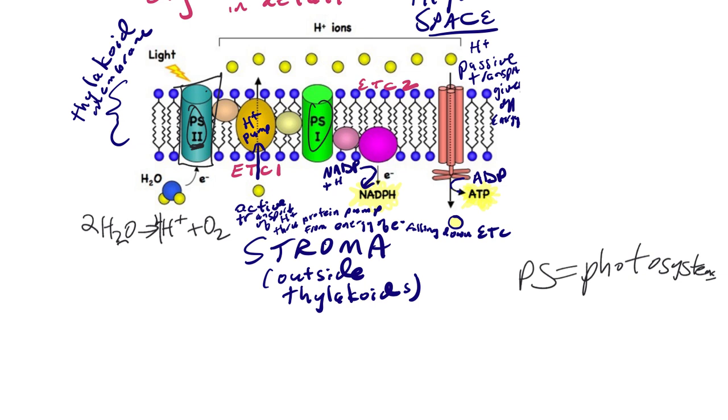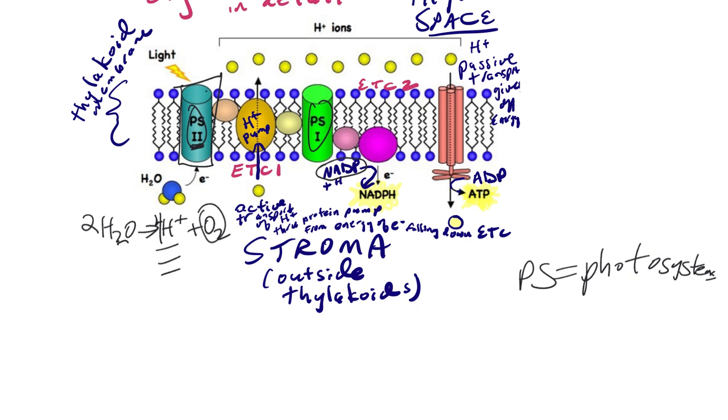The water is being split by an enzyme helping this reaction, by the energy of the sunlight. And it's breaking up into oxygen gas, which is released into the atmosphere, and these hydrogen ions. Those hydrogen ions will later attach to the NADP, which is like a worn out battery that needs to be recharged.